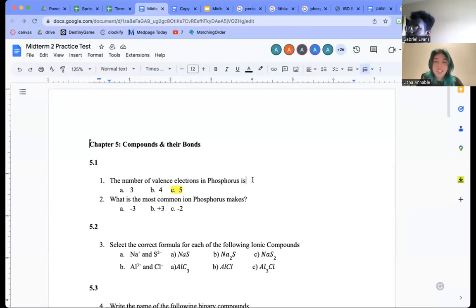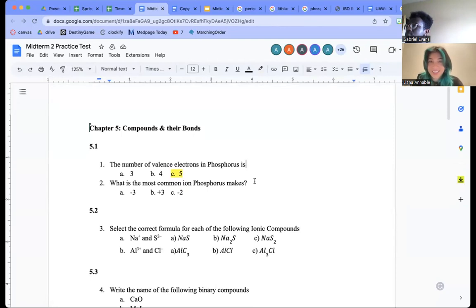Yeah, the group number on the periodic table. You count what group it's in, and that's how many valence electrons, except for transition metals. Any questions on this one? Can I get some thumbs ups if you want to move on?